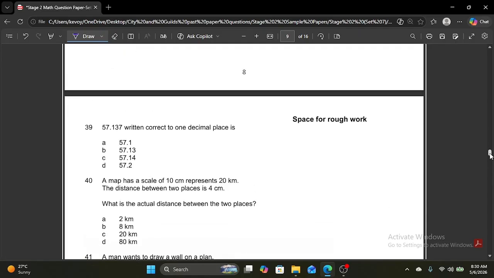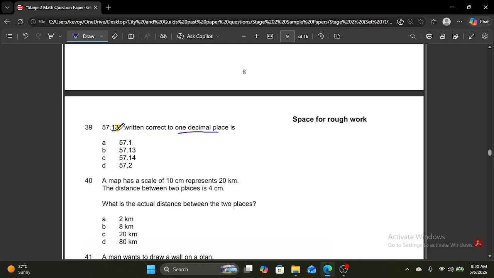Moving right along, we have 57.137 written to the first decimal place. So the first decimal place, let me underline it. It is 1. The number beside that, let me highlight it. That's 3. So if it is 5 or greater, we'll add 1 to the digit in the first decimal place.